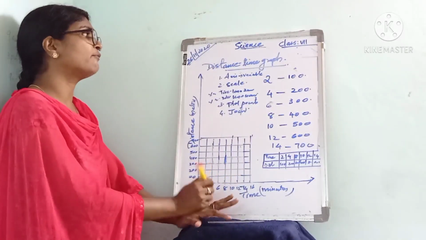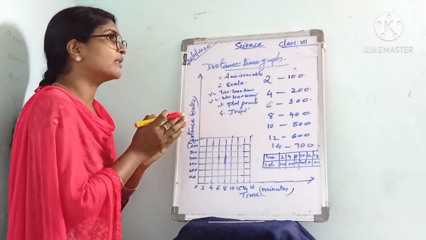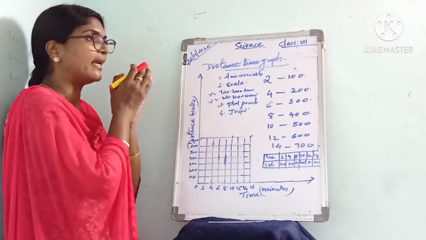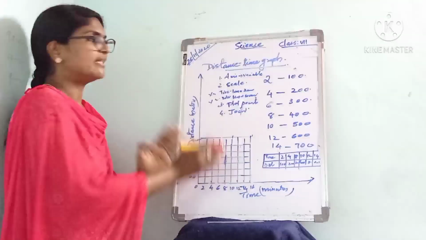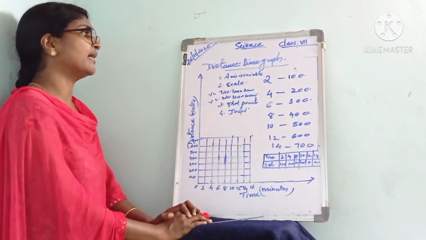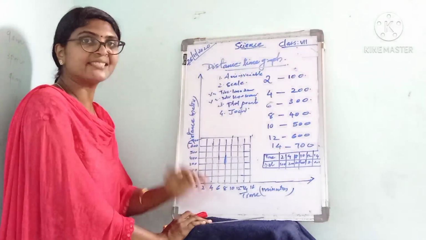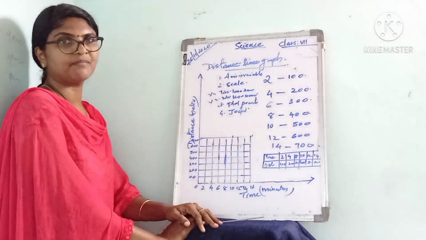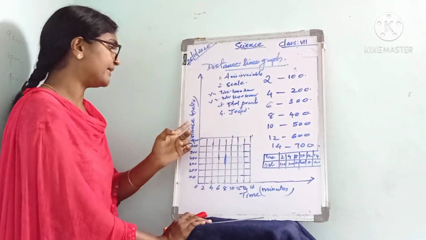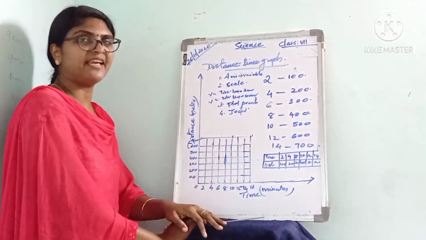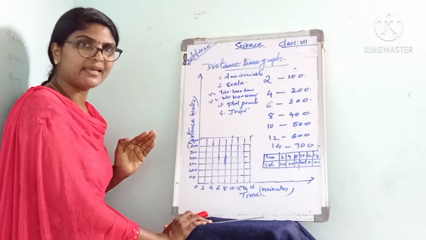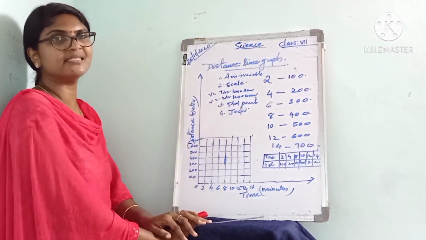To draw his motion on a graph, we should remember certain things. The first thing is that we have to choose the axis for the two variables. Here the variables are distance and time. We have to choose which variable is drawn on which axis.